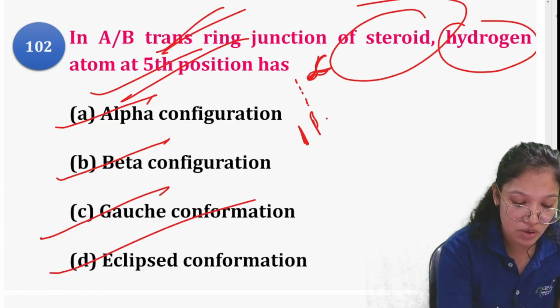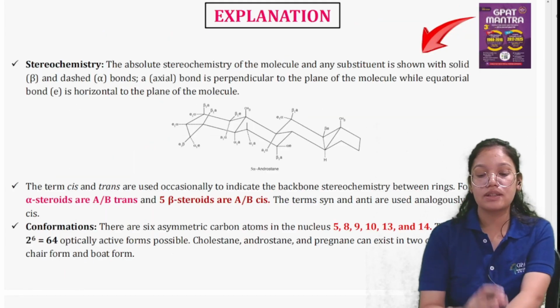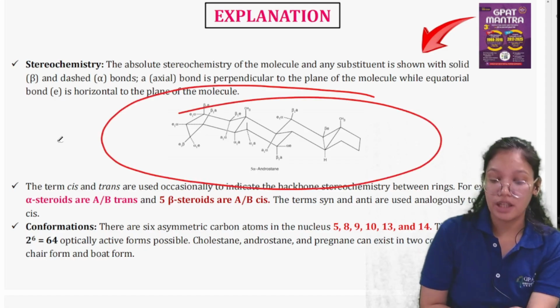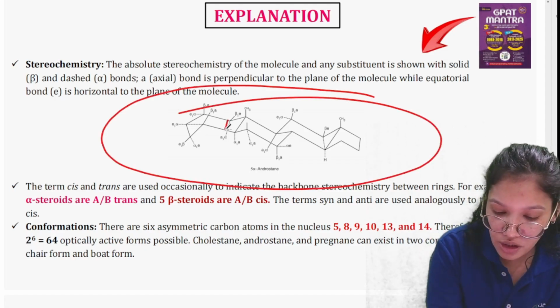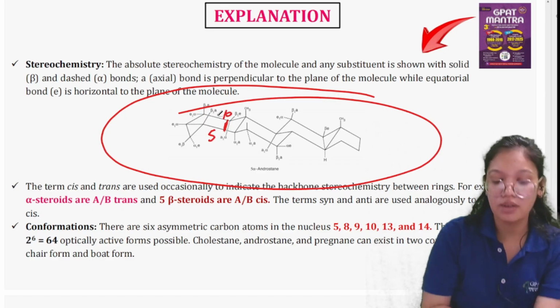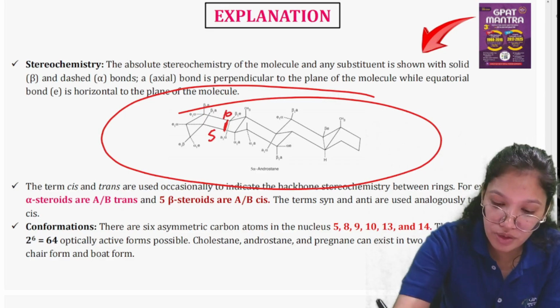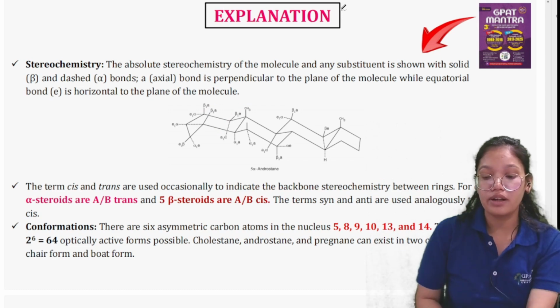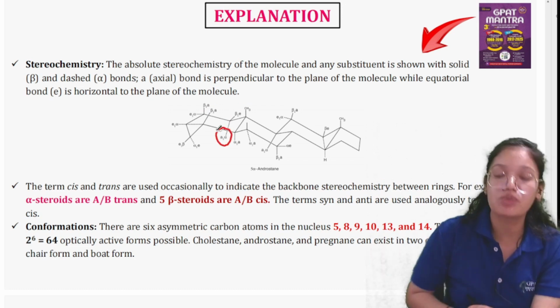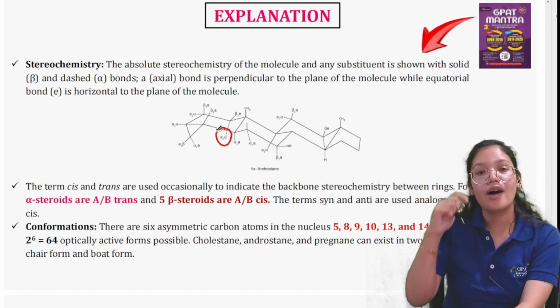Now let me show you the structure first. So this is the structure of the steroid, and here we have a junction, and in this junction this is the 5th position, this is the 10th position, okay. Now at the 5th position, if you look closely, here we have a dash bond, that means alpha bond, okay.